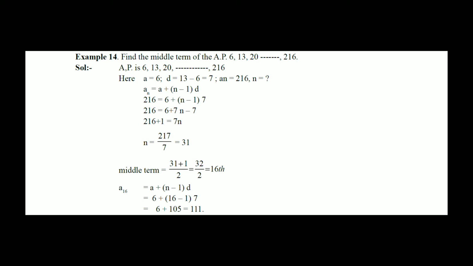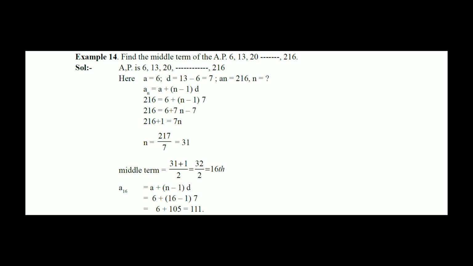We have 217 equal to 7N. From here N is 217 upon 7, and after cancellation, 7 3s are 21, 7 1s are 7, N is 31.